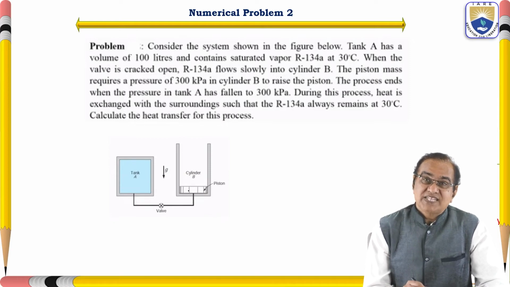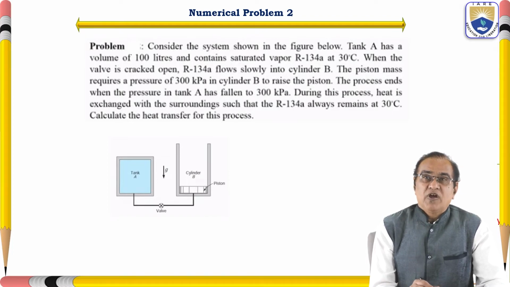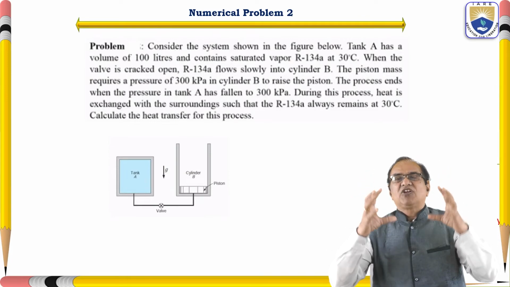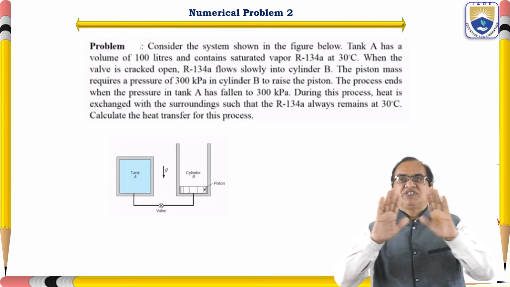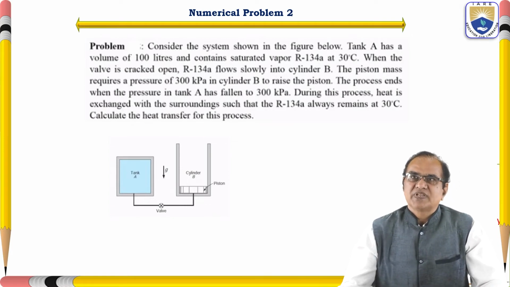So to raise this piston we need 300 kilopascal, and then only it will be able to raise. The process ends when the pressure on both sides, here and here, is 300 kilopascal. It means at 300 kilopascal your system is in equilibrium. Both systems are in equilibrium.